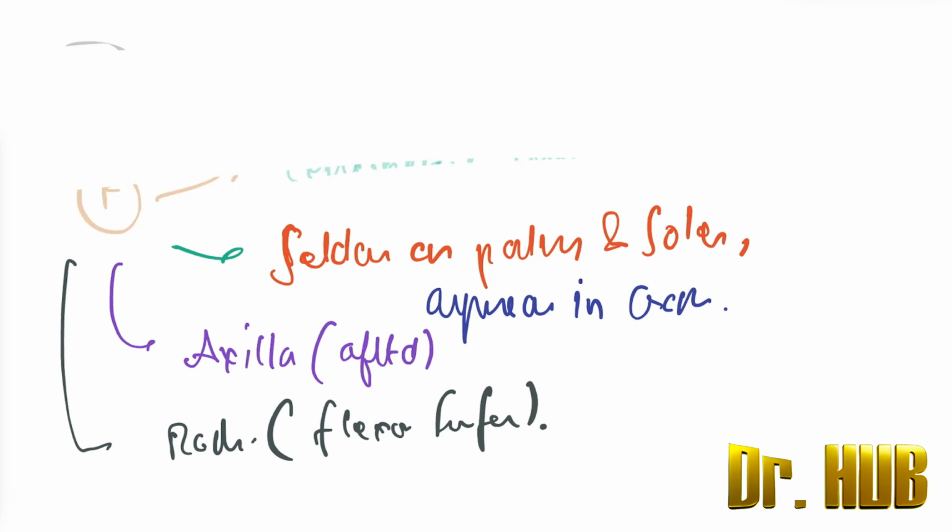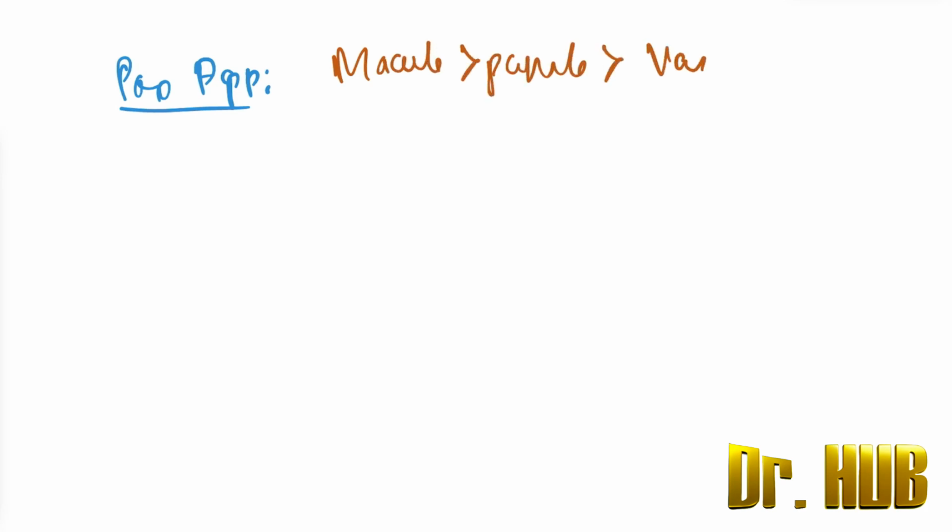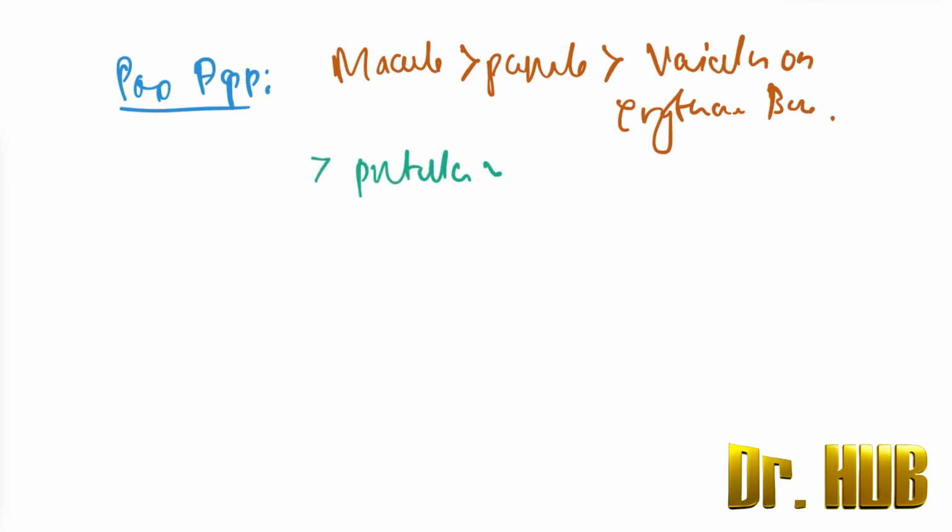Then we move on to the pox appearance. There is a macule, greater than the papule, greater than the vesicle on the erythematous base, greater than the pustule, and the scab is at the last.